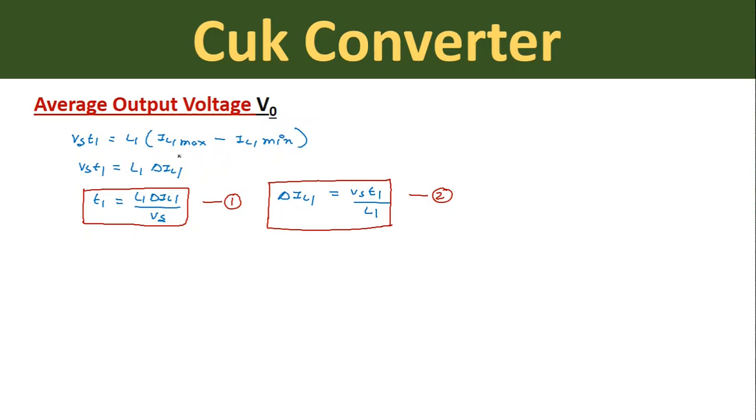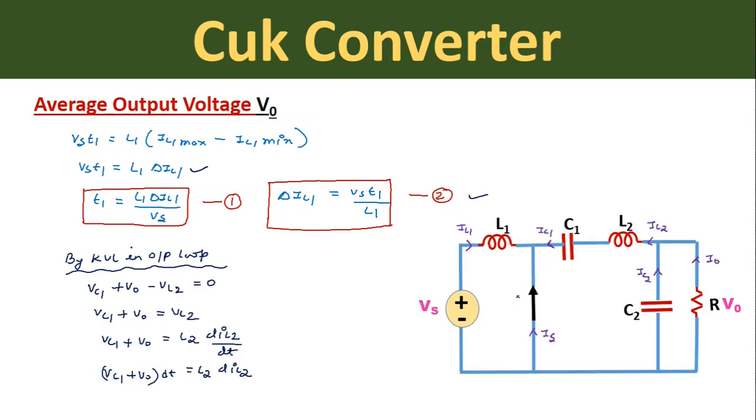This IL1 maximum minus IL1 minimum will be equal to del IL1. From this equation, we will take out two equations. First one is T1 is equal to L1 into del IL1 divided by Vs. This is equation number 1. And equation number 2 is del IL1 is equal to Vs into T1 divided by L1. This is equation number 2.